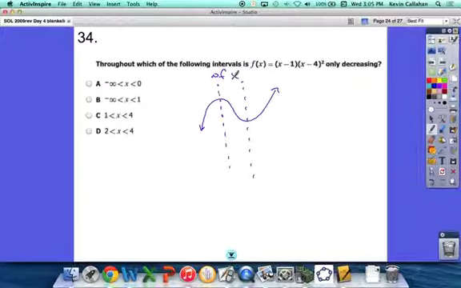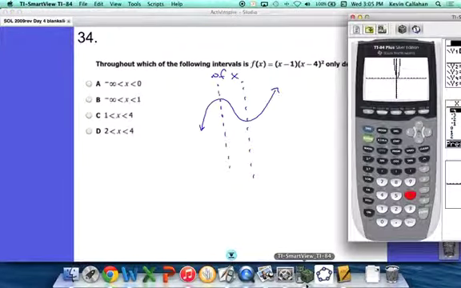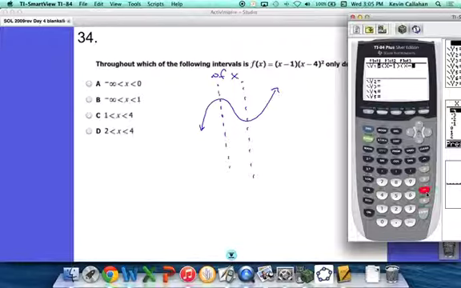So put it in the calculator just like it is and see if you can see where it's increasing or decreasing. x minus 1 times x minus 4, and look at the graph.